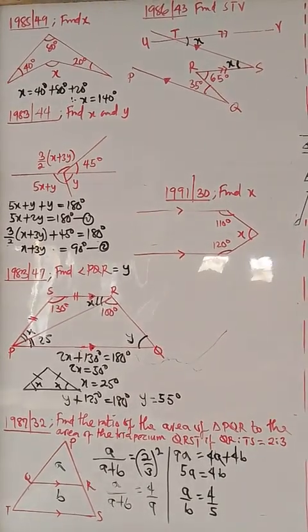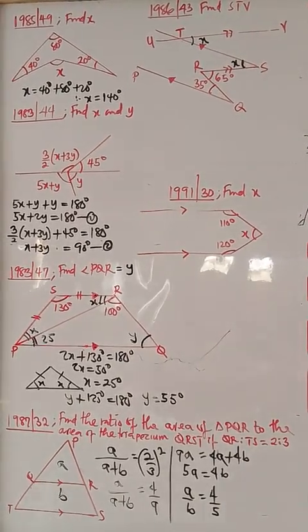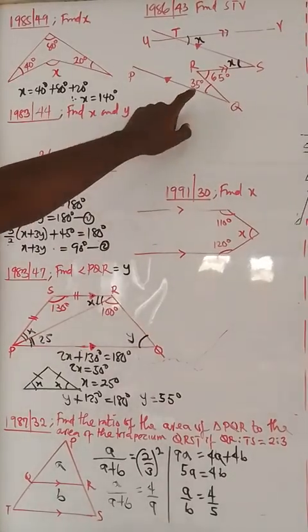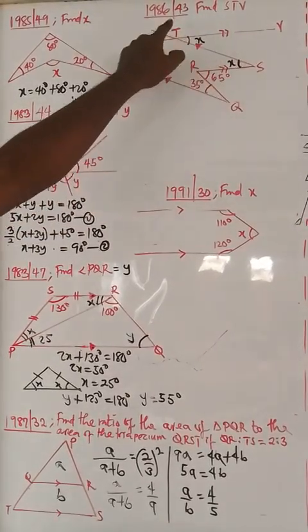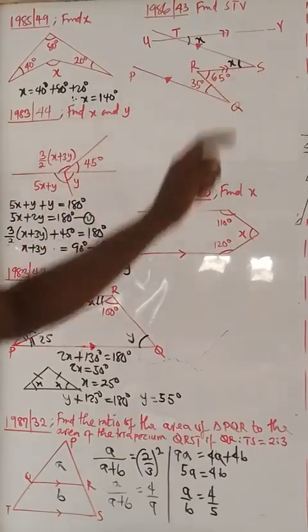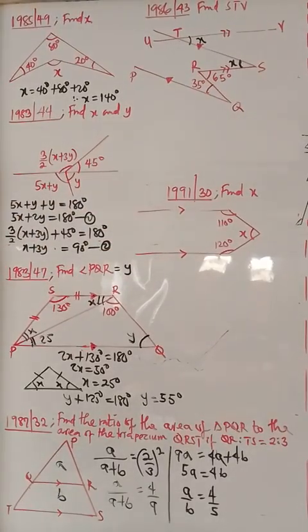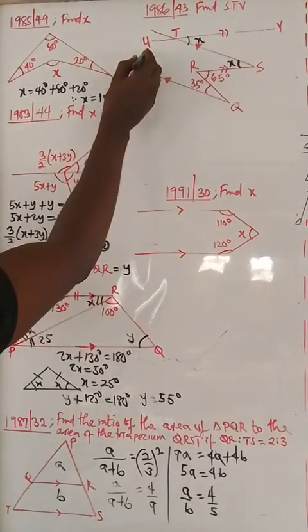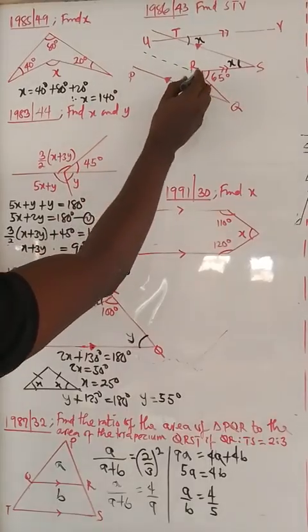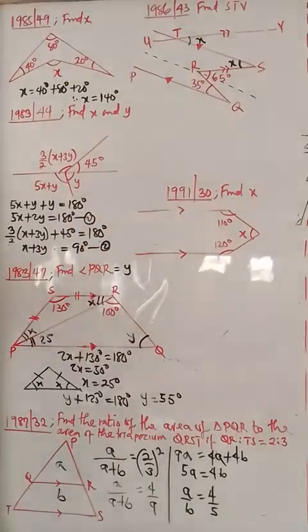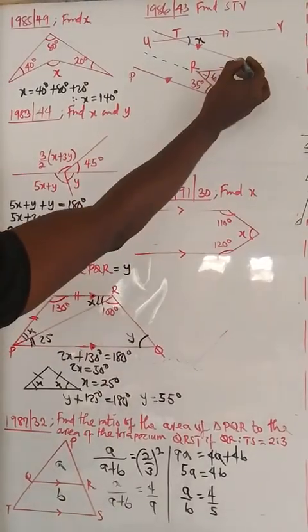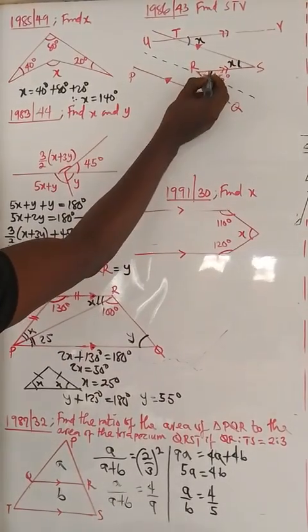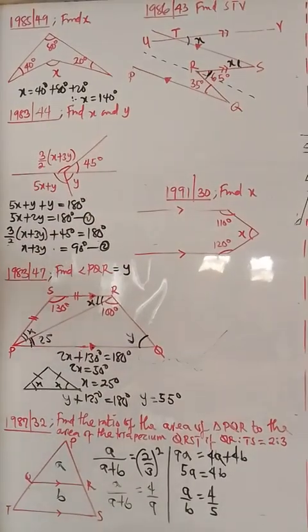This 35 rests on this parallel line, this x rests on a parallel line, but this 65 rests on no parallel line. So what are you meant to do? Come here and extrapolate. Cut into 2. If this angle here is x, this tiny one must be x.